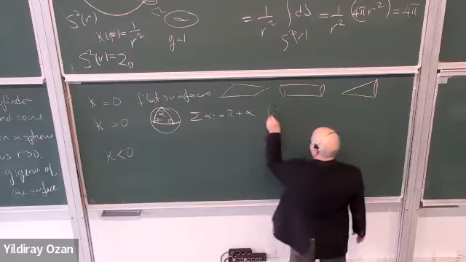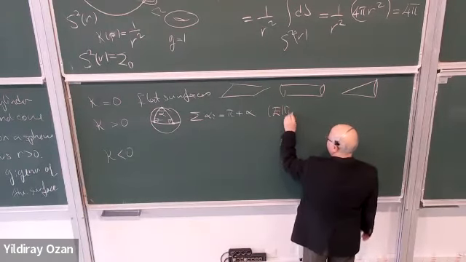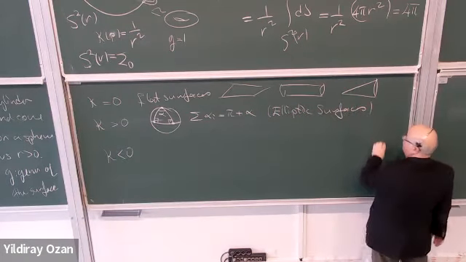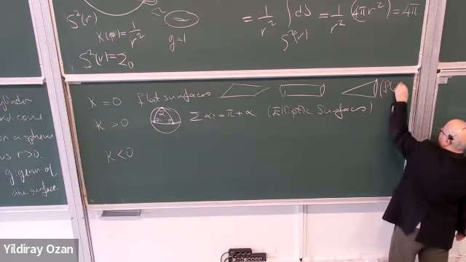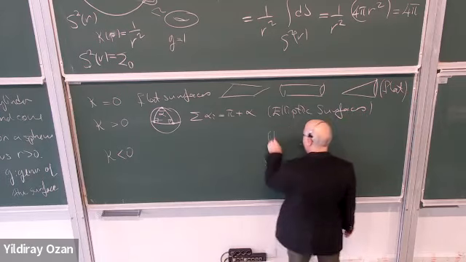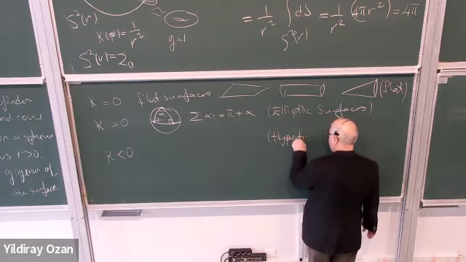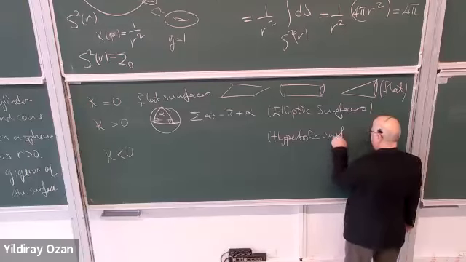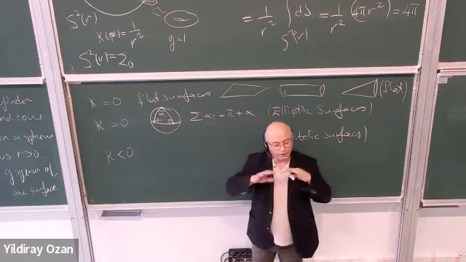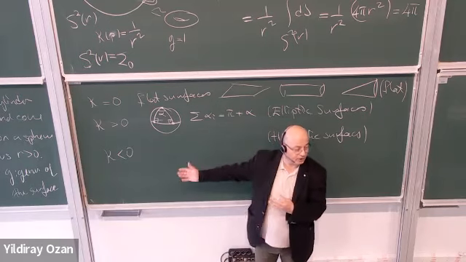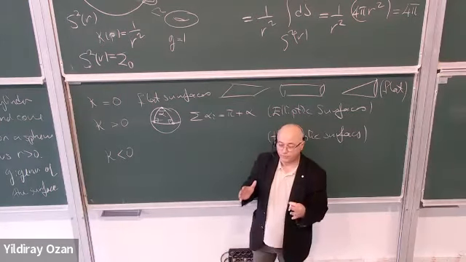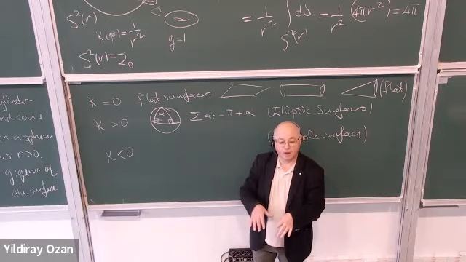Okay, what about surfaces like this? These are elliptic surfaces. These are flat surfaces. And these are so-called hyperbolic surfaces. I cannot draw you a closed hyperbolic surface in R3, because we don't have any closed hyperbolic surface lying inside R3.